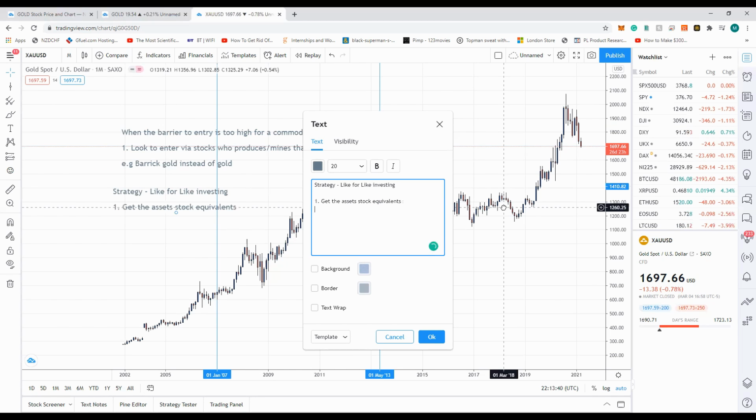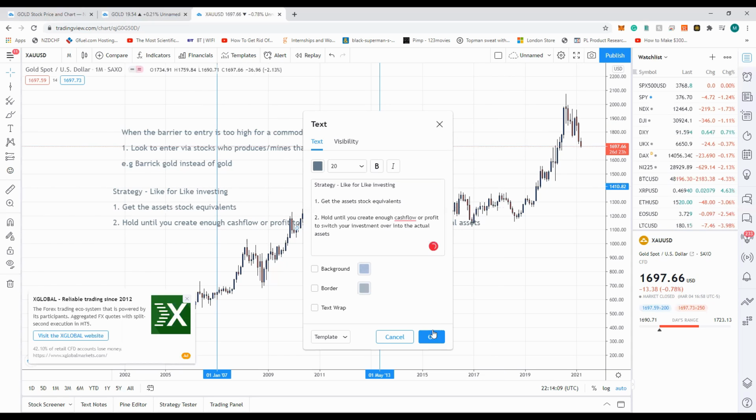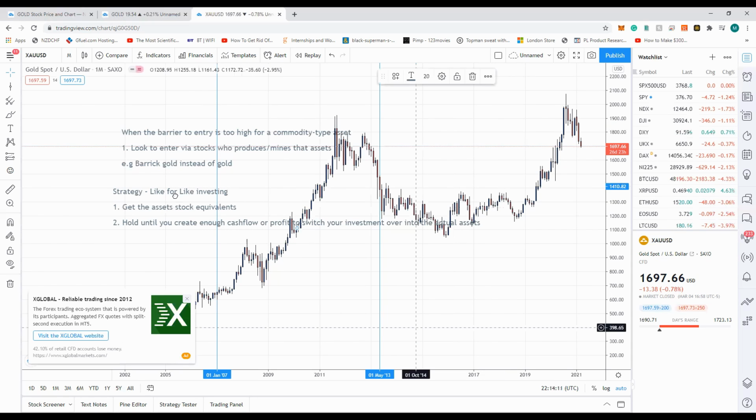Number two, hold until you create enough cash flow or profit to switch the investment over into the actual asset. Just two things. Before I came to the lesson, I was thinking about what things I do that can help you. As I said, these lessons are conversations, so I always want to share from my heart. And this is something that I do all the time.